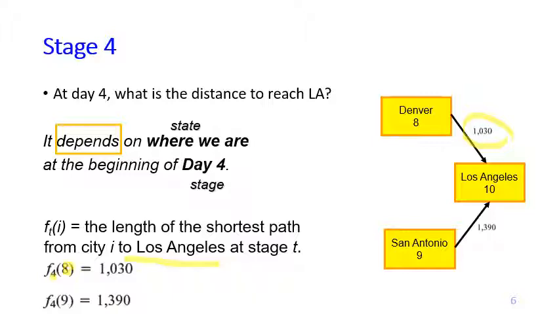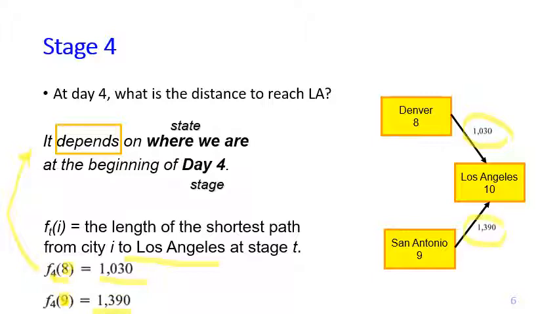So this really answers the question with the word depends. If we are in Denver at the beginning of day 4, then the remaining and shortest distance to reach Los Angeles is 1,030. If we are in San Antonio, or city number 9, at the beginning of day 4, then the shortest distance to reach Los Angeles is 1,390.